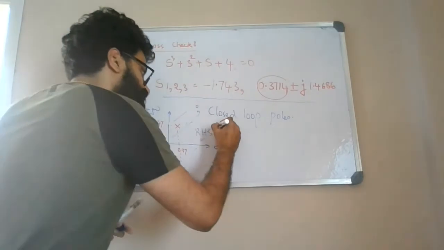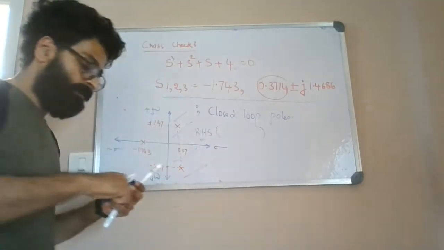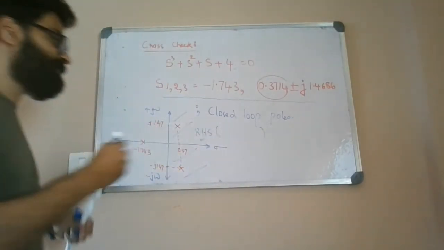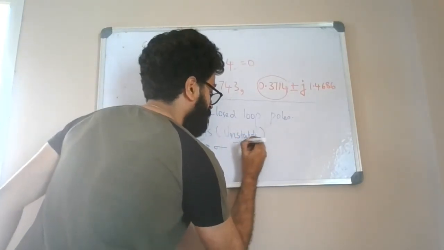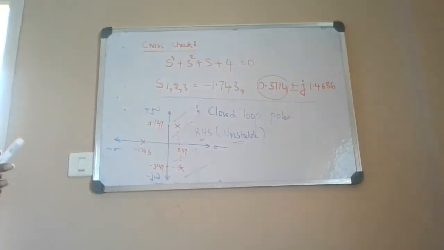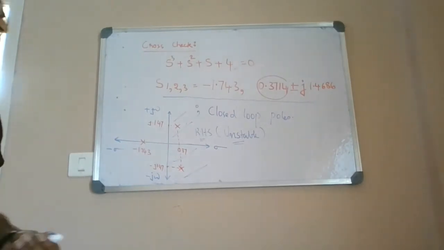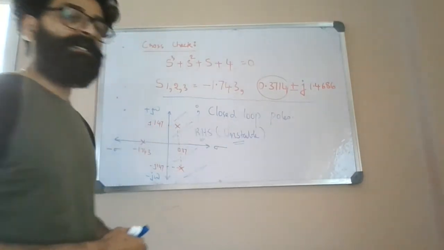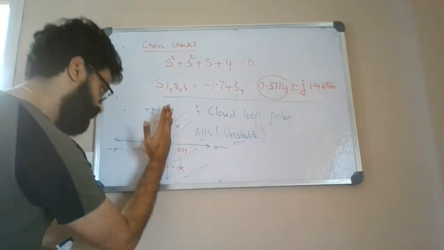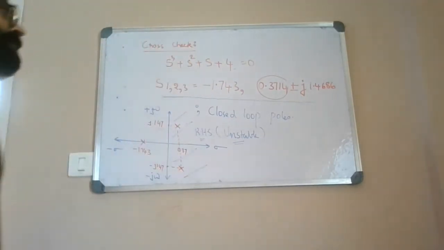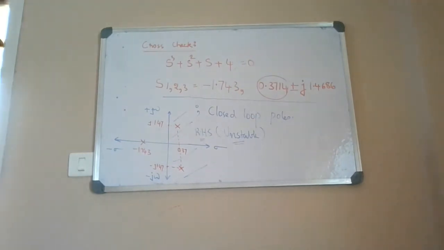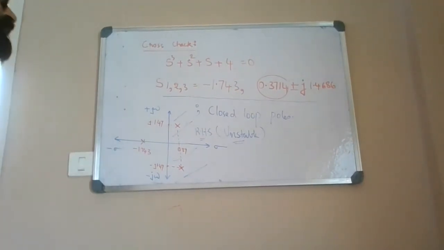So in the RHS of the S plane, what do you get the system stability as? Unstable. So in the stability region, we have seen that the right hand side of the S plane is the unstable region. Only the left hand side of the S plane is stable in nature. Okay. So you can cross check by finding out the closed loop poles.